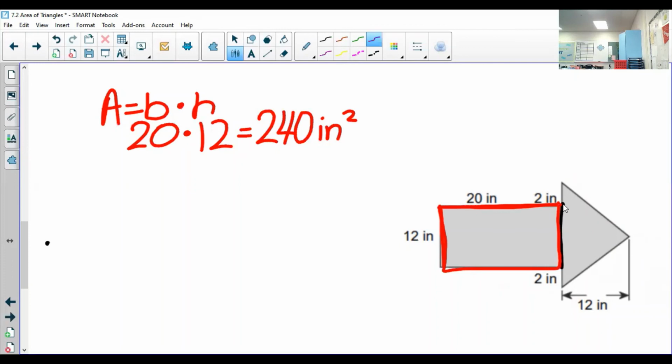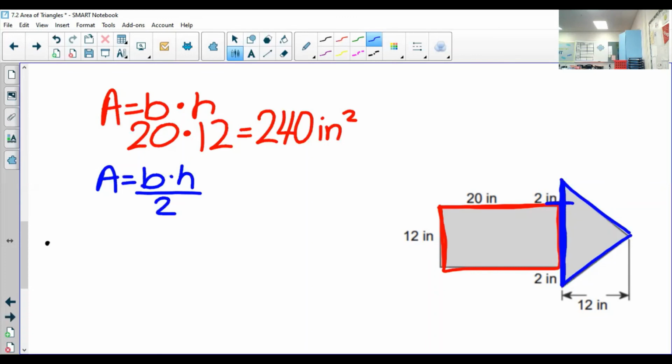Now we're going to move over to the triangle, which might be the more tricky part. But not really, honestly, because we know the formula, area equals base times height divided by 2. So my base is going to be this whole distance. So we're going to have to do some calculating.